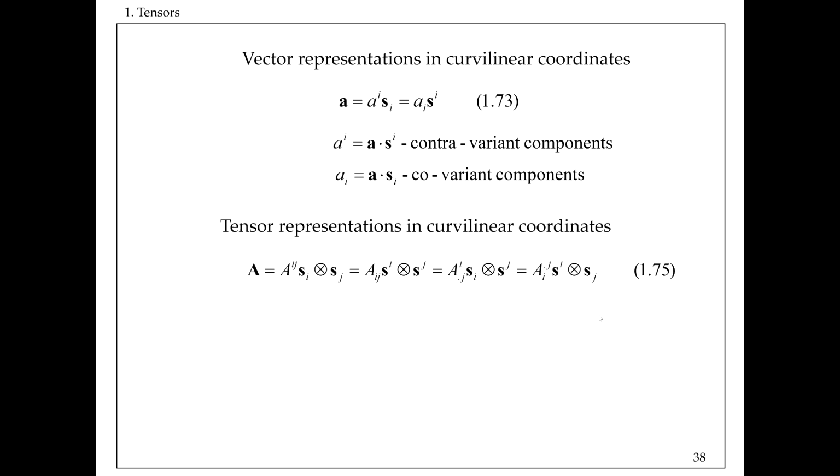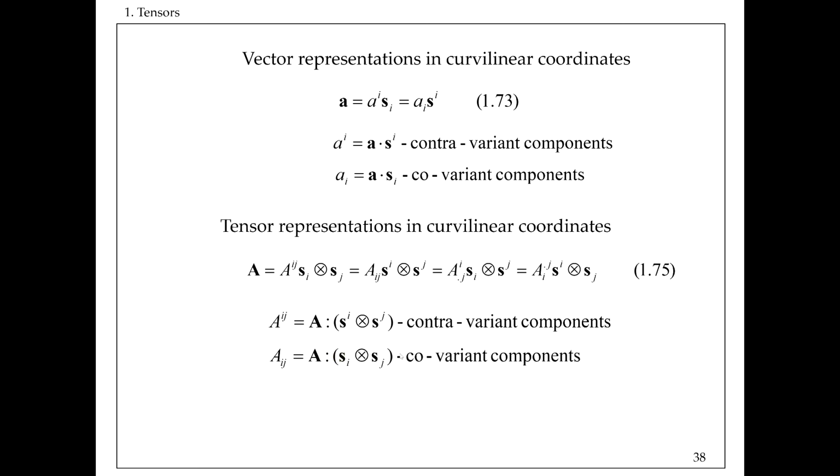It is important to note how we obtain these components through the projections. The contravariant component A^ij is obtained by multiplication with the contravariant bases, and the covariant component is obtained by multiplication with the covariant bases.